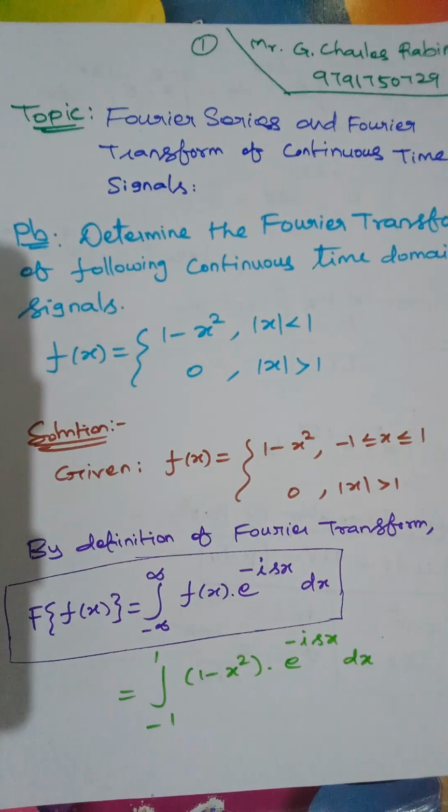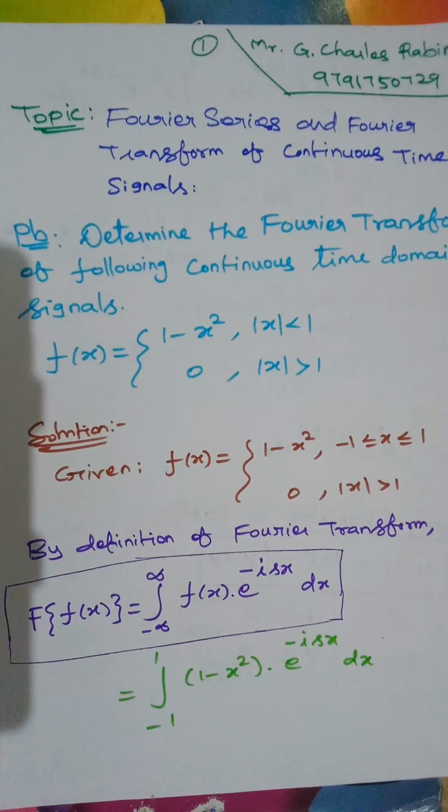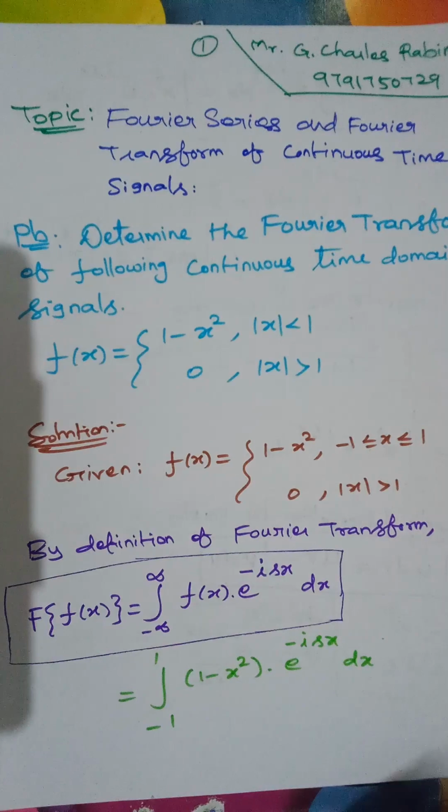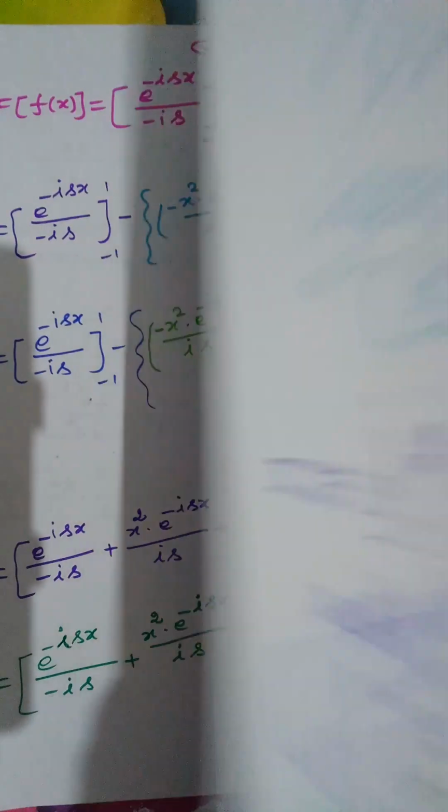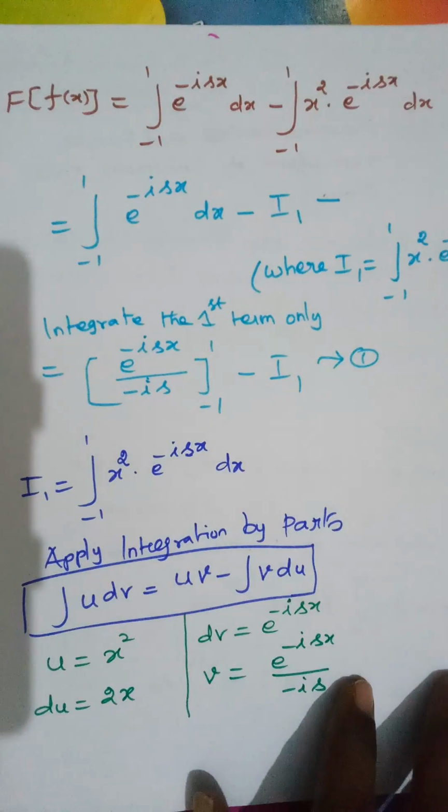Now I'm going to replace f of x by 1 minus x squared, so the limits are minus 1 to plus 1: integral from minus 1 to plus 1 of (1 minus x squared) e power minus isx dx.